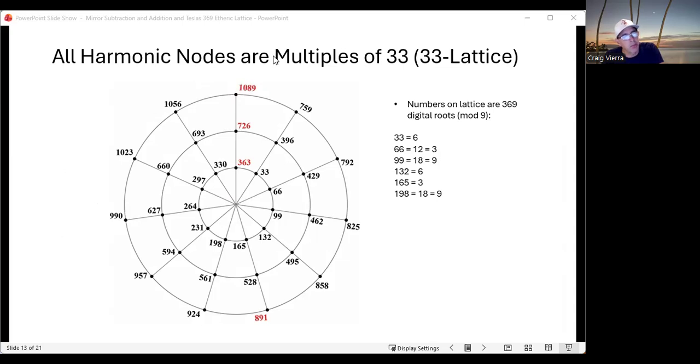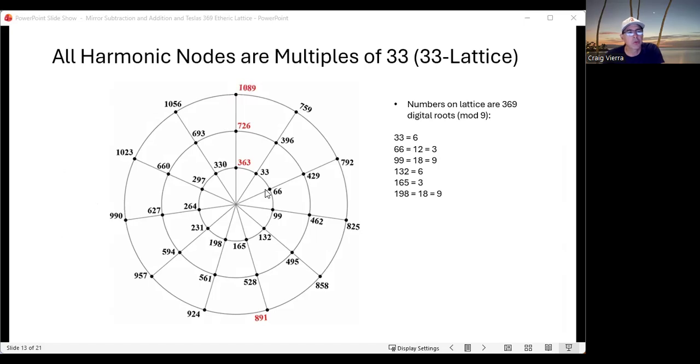If I kept going out and adding more rings, you would see that 2178, 3267, 4356, all those 1089 multiples fall on the same radial, which is fascinating because these geometric structures can fold from one to the other. We'll talk about that a little later.